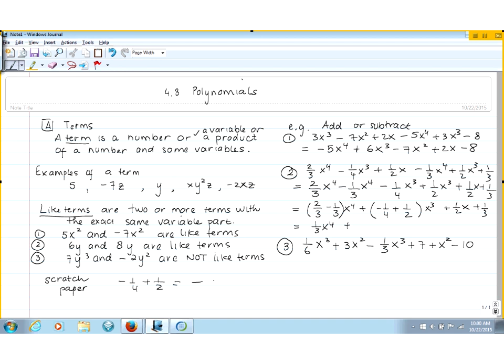So how do I add these? Come on, you know this. The common denominator is 4. Yes, so this is negative 1. What about these? Times 2. So this is 2/4. So what is negative 1/4 plus 2/4? Yes. So this is 1/4 x cubed. And what about these? Plus half x plus 1/3.